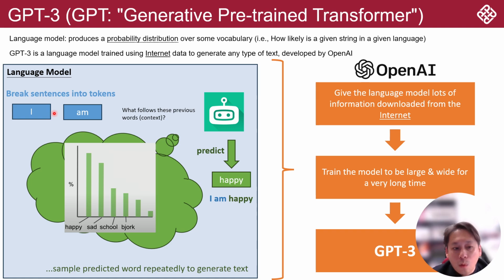So they find out the relationship between the first wording and then the second wording. So there is a probability distribution of the first wording and then the second wording. We put it as wording first; later on, we will discuss that it's not purely wordings. For example, the first word is "I," and the second word is "am," and then they find out the relationship, whether "happy," "sad," or "school" have a high relationship.